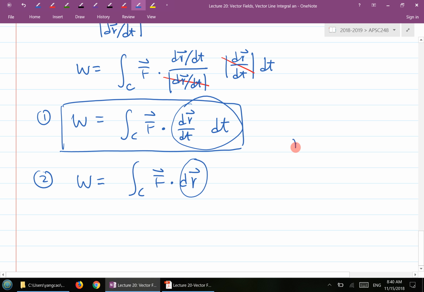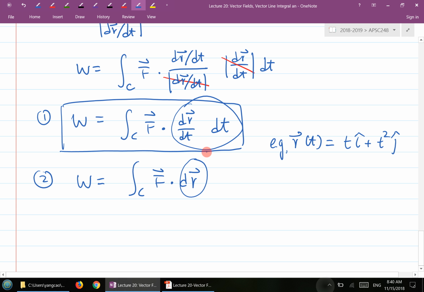For example, if I give you r of t equal to t i hat plus t squared j hat, a curve C represented by this parametric equation, and you are required to do this vector line integral using the formulas.